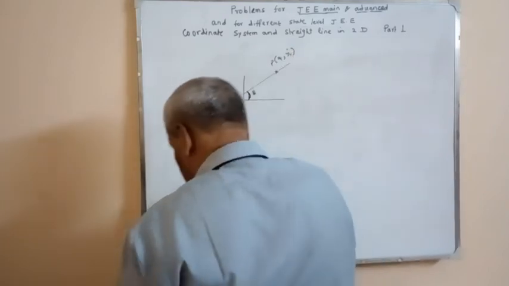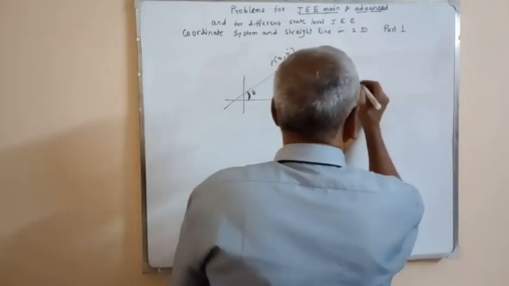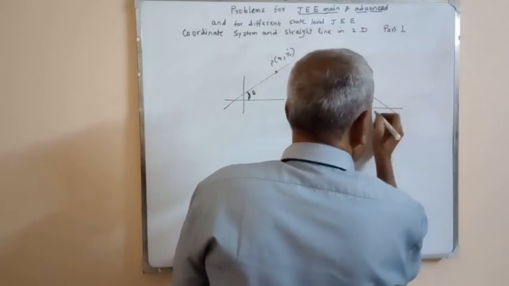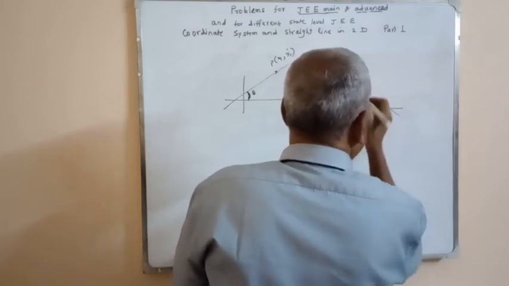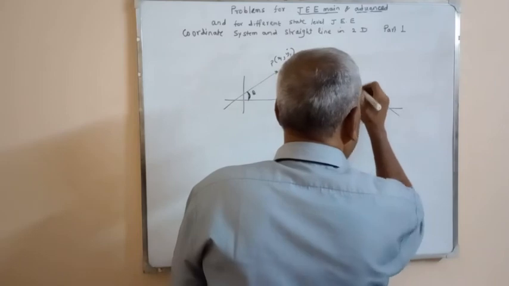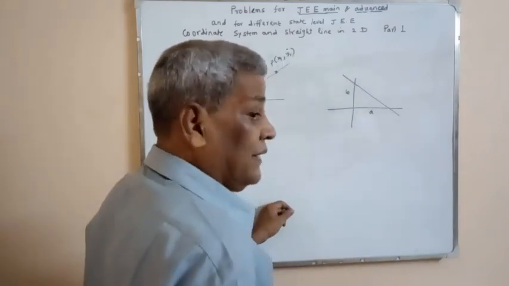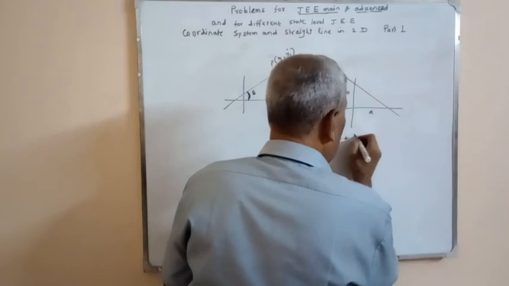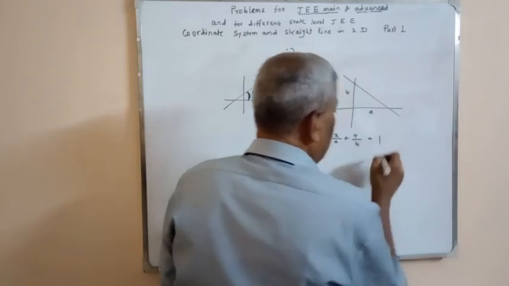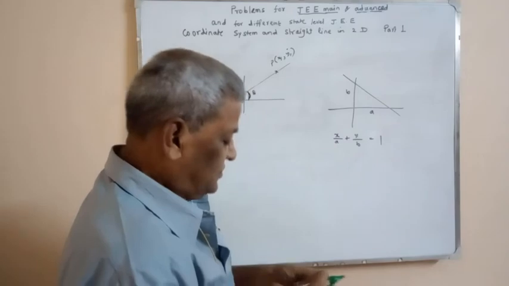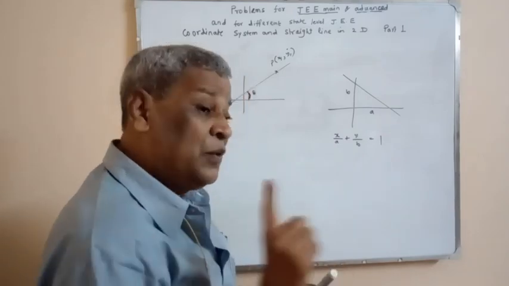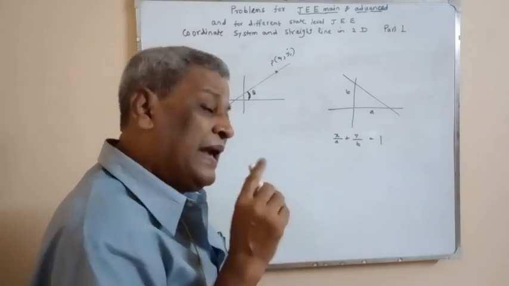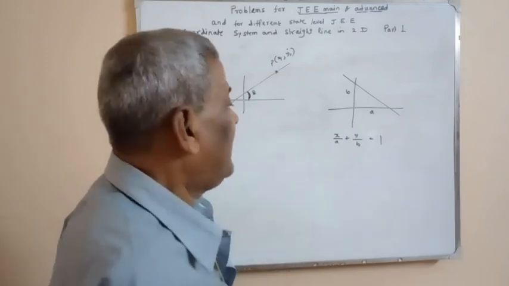Third one is, suppose a straight line is like that. It makes an intercept A with x-axis and B intercept with y-axis. Then its equation is x by A plus y by B is equal to 1. It will help you to draw this straight line very easily and quickly.